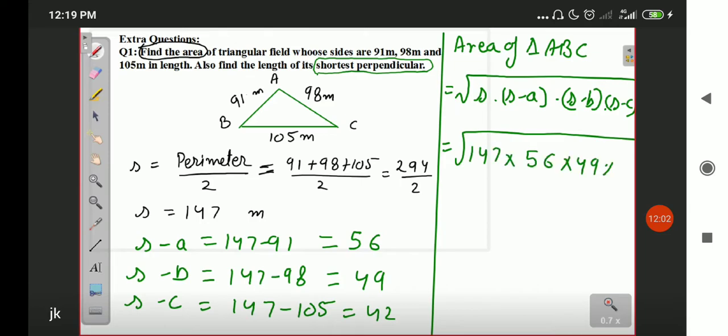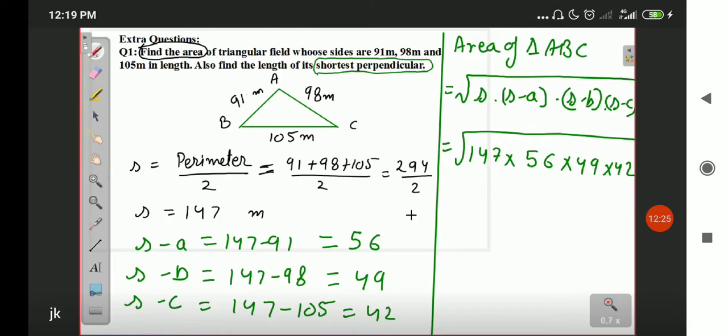Once again, I am not going to show you how to find the square root of this number. I might use some tricks, I might give you some hints, but at the end of the day, it is paramount for you because you are in 9th standard presently. So you should know how to find the square root of any given number.